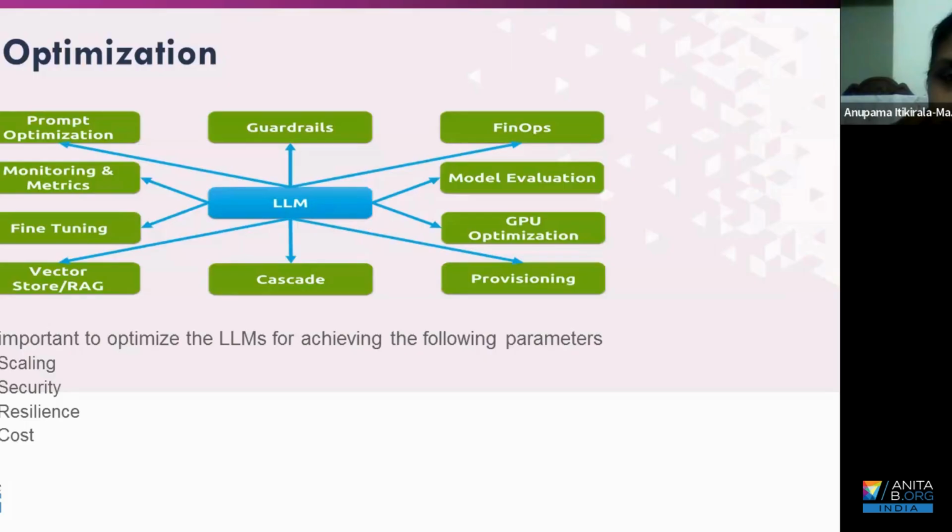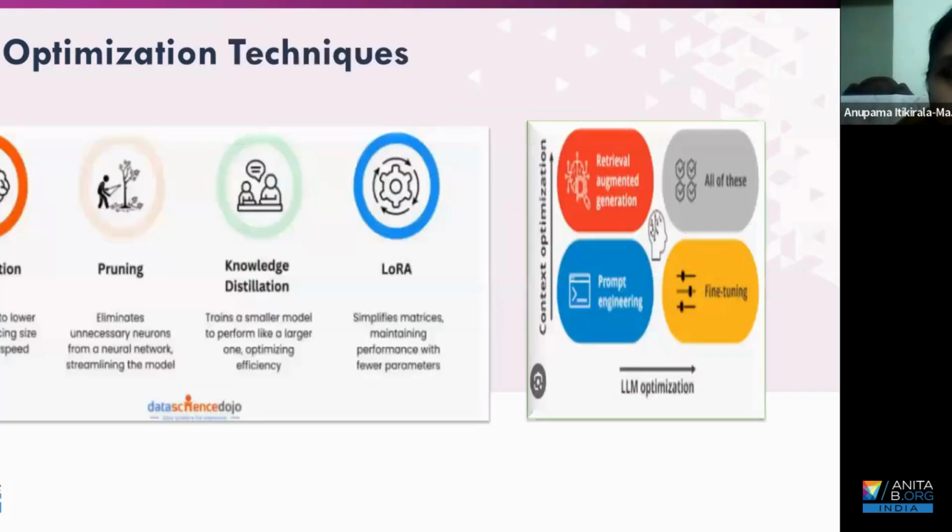And guardrails is another one which can increase privacy and security. And the most interesting thing that I would address in this one is GPU optimization. That's where, from a startup perspective, I saw myself burning my money. Why we do all these things is to simply scale the solution, increase the resilience, reduce the cost and increase the security.